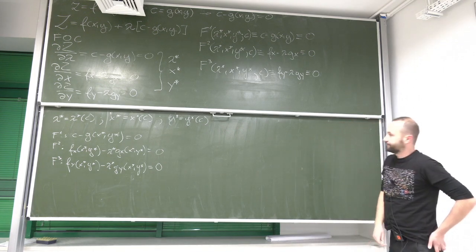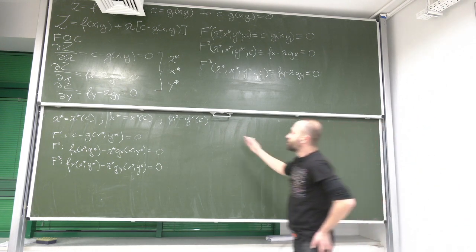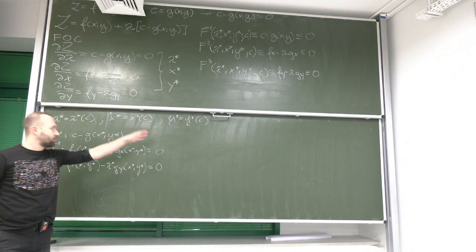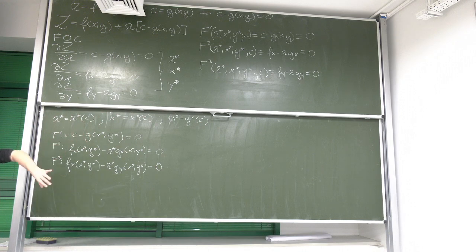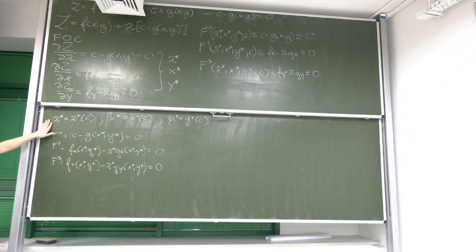Okay, so knowing what we know, we can find these optimal values of x and y. We know that this is either maximum or minimum because Jacobian is different than 0, as well as lambda, right? But what is lambda? We will get it, right? So knowing this, I can solve this system, right?